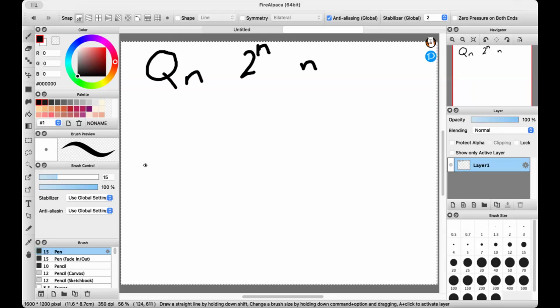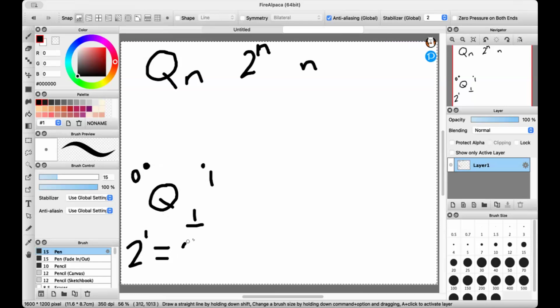Let me quickly write it out. So this is Q of 1. This vertex is labeled 0, and this vertex is labeled 1. Since this is Q of 1, you have 2 to the 1 bit strings, so you only have 2 bit strings and they're of length 1.